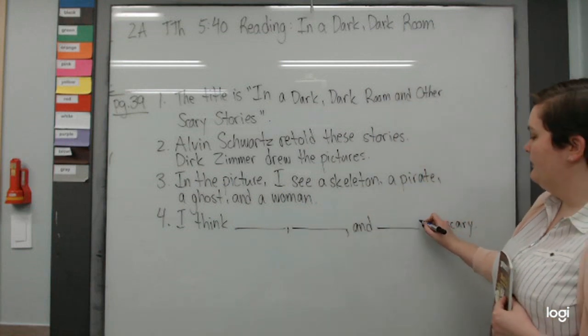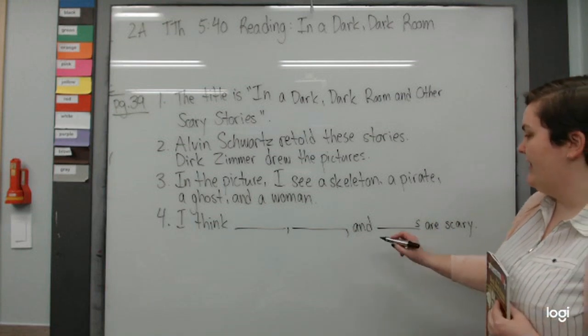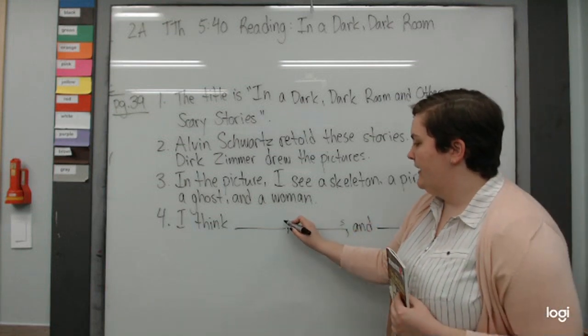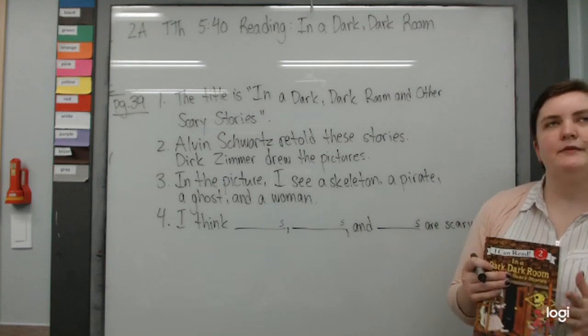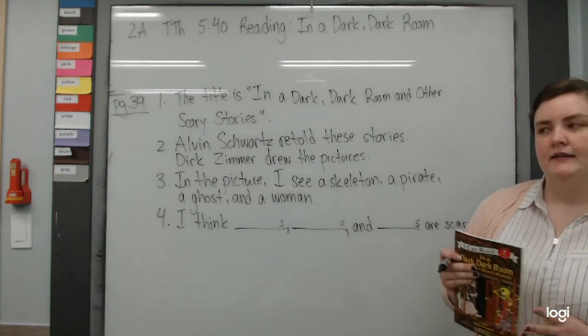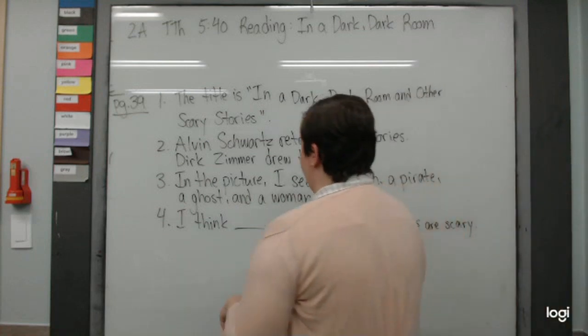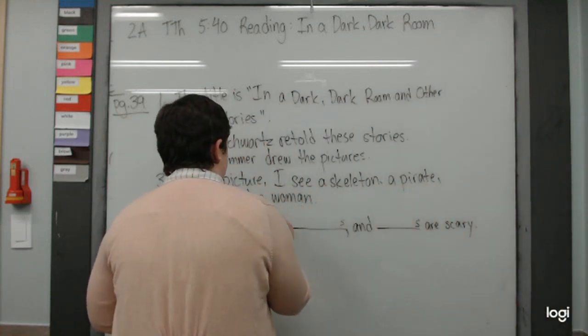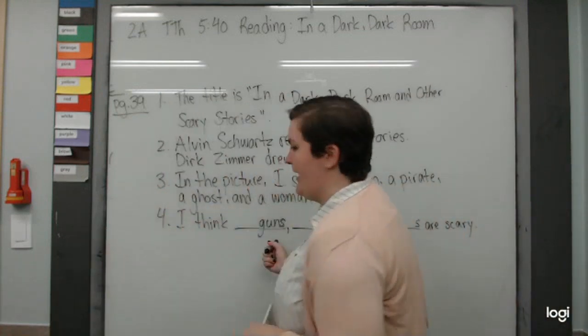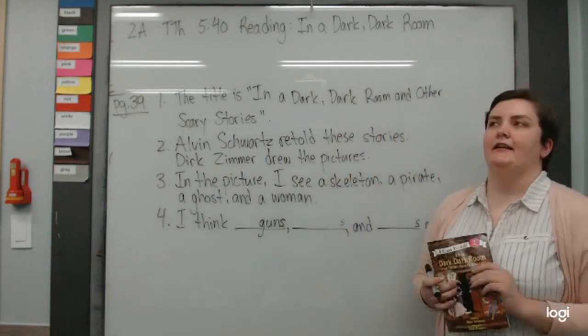So when you write your 3 things, put S. Like if I write, let me see, what is scary? I think guns. I think guns are scary. So I put S. I think guns are scary.